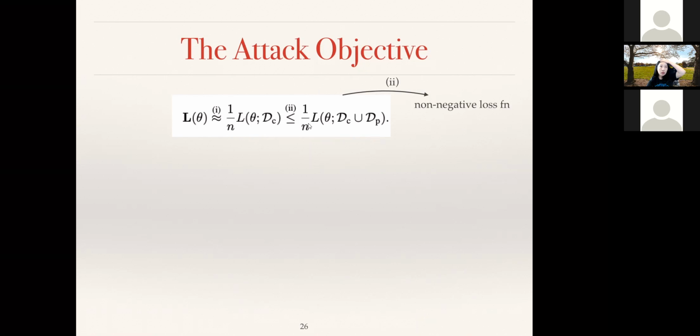Strictly, of course, not strictly. If it is strictly greater, then you still have some loss on the poison, but it's going to be greater than or equal to. Of course, this can be relatively tight as long as the model ends up fitting the poison data very well.